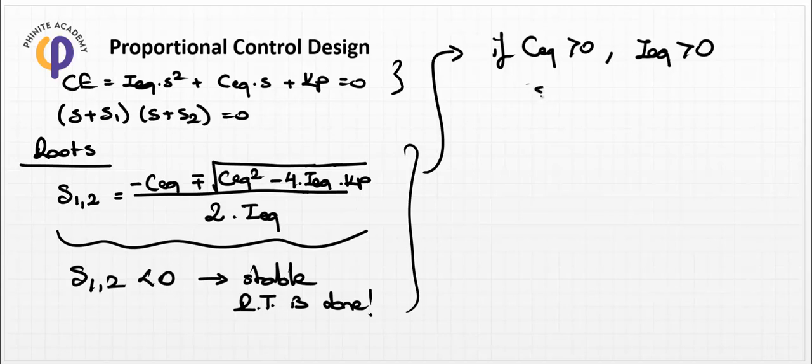The system is always stable in that condition, because the root always gives us a negative value: the square root term only produces the imaginary or the real component, but it cannot be larger than the Cx value. So s1,2 is always negative and the system is stable.